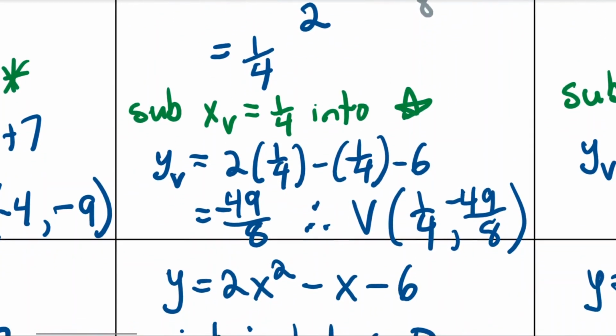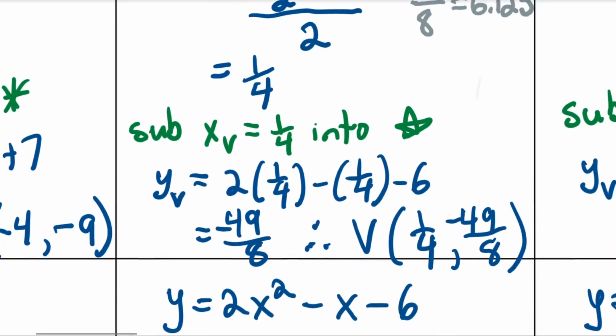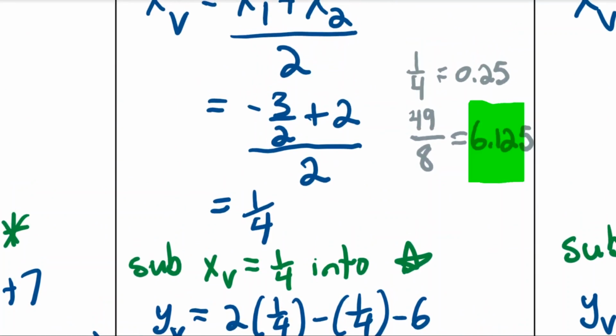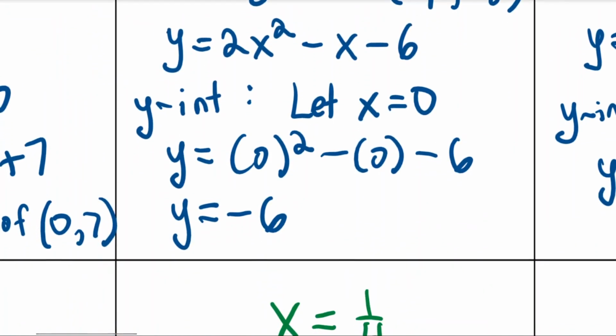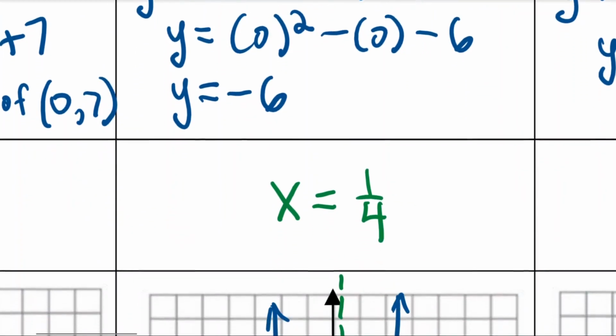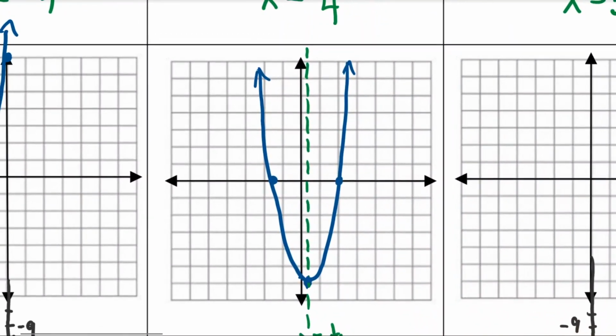We sub that into our original equation, which gives us this value of negative 49 over 8, which is approximately equal to -6.125. So our vertex is at 0.25, -6.125. We'll keep that in mind for later, where after we find our y-intercept, which is negative 6, and our axis of symmetry, which is 1/4, we can put it all together and get our graph, right?